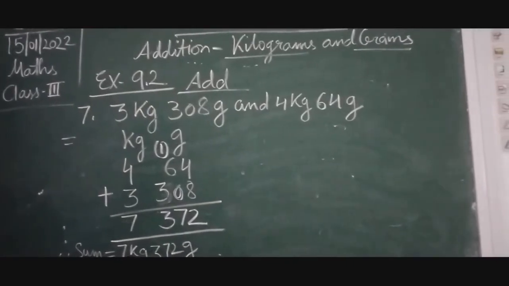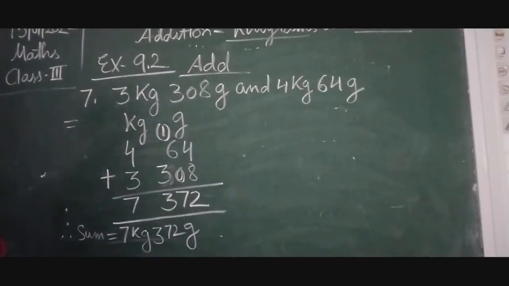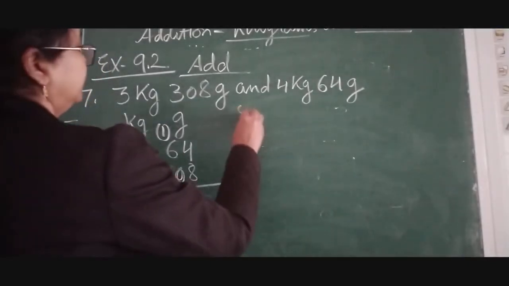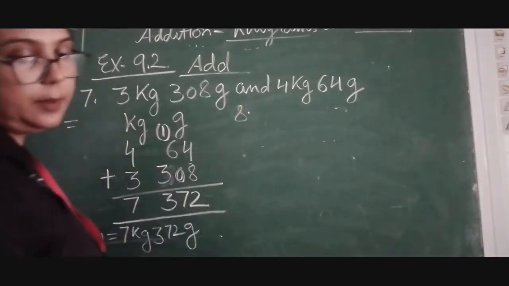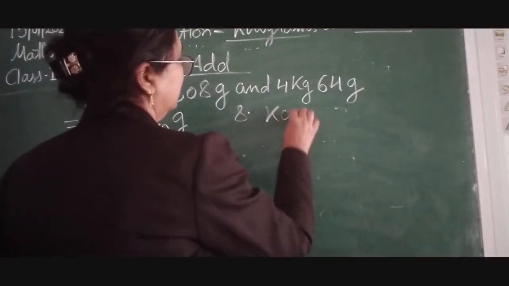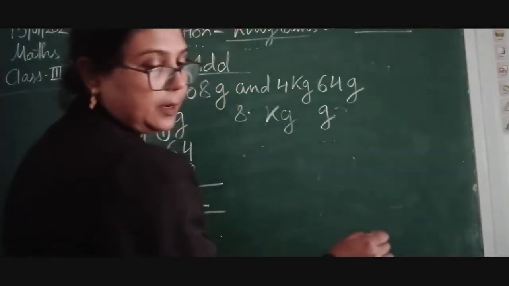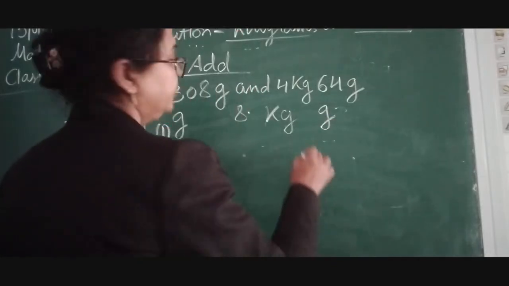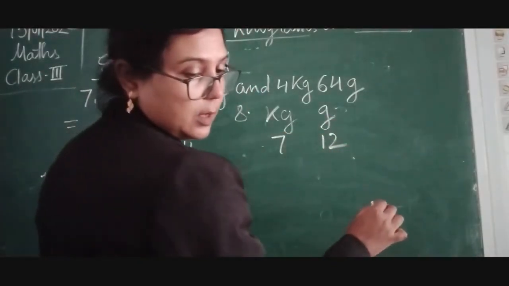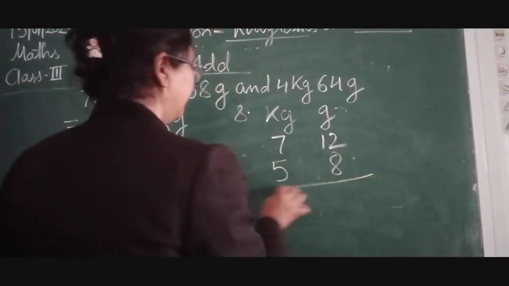Now we will do our next number, that is 8 number. 8 number, there is kg and gram. This is 8 number, 7 kg 12 gram and 5 kg 8 gram.